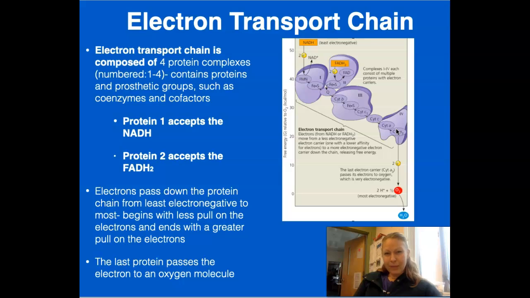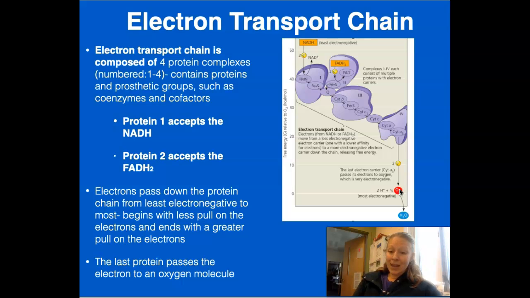And then at the very end of this 4th protein that is very electronegative, there's a half of an oxygen molecule, or one oxygen atom, which is extremely electronegative. And so it's driving this electron to pass through all of these proteins. And so this is a spontaneous reaction because it is electronegativity that is pulling all of these electrons through.